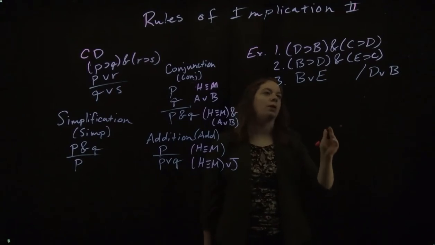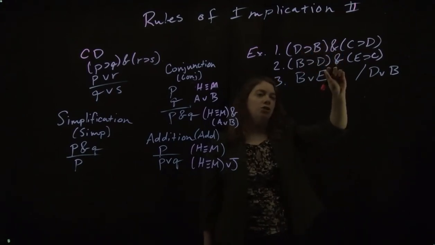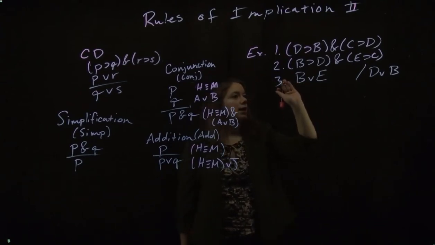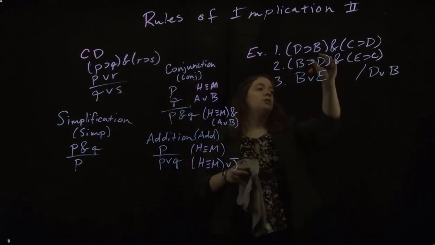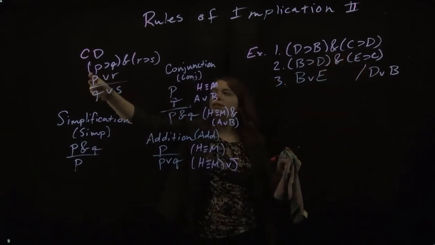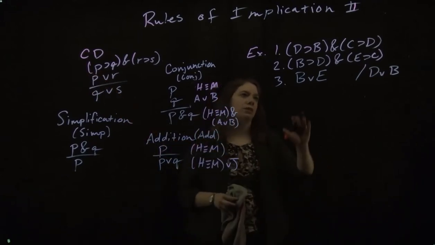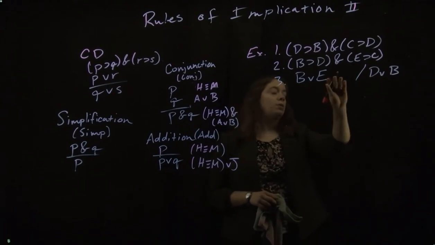This one's a little more complicated than usual. Now what we can see here is that we have two lines that are conjunctions and one line that is a disjunction, and within each of these conjunctions we have conditional statements. This looks an awful lot like CD, so that should give us a tip-off. So let's see whether or not we have constructive dilemma at play here. And in fact we do.